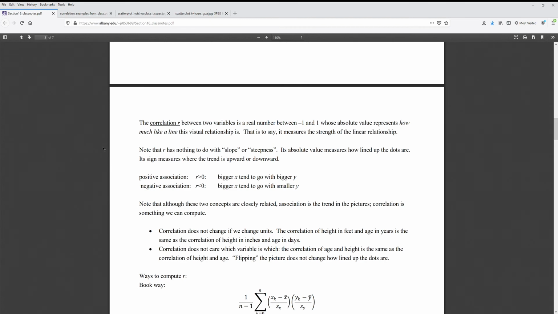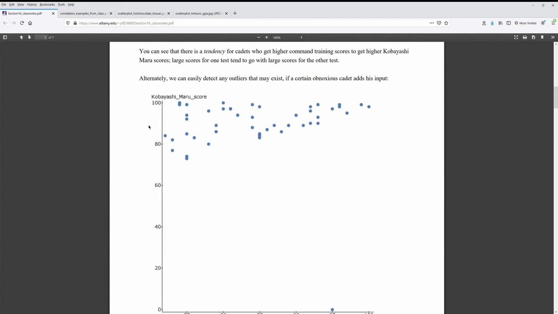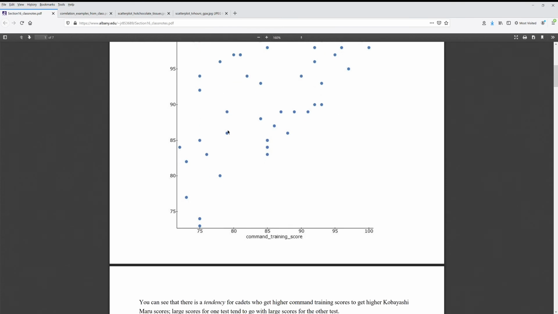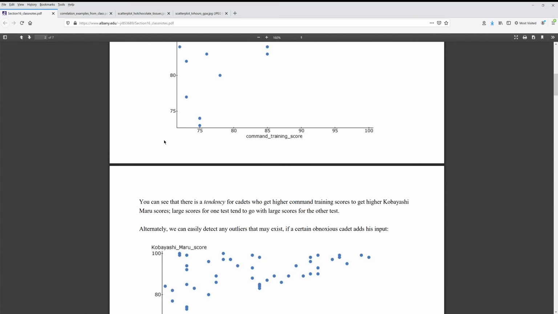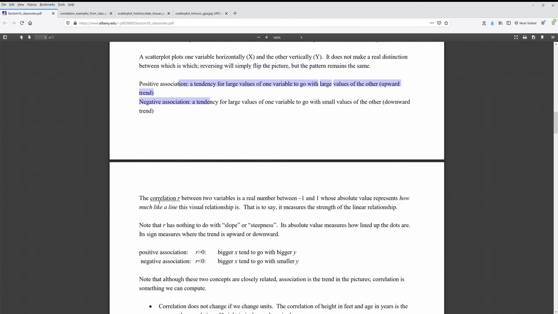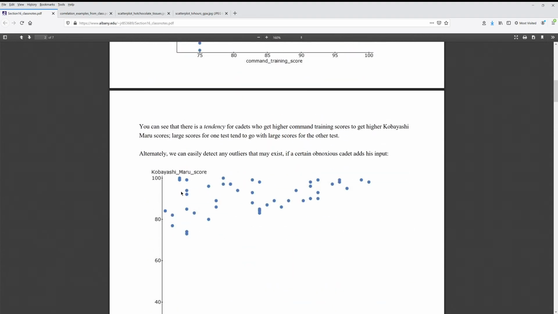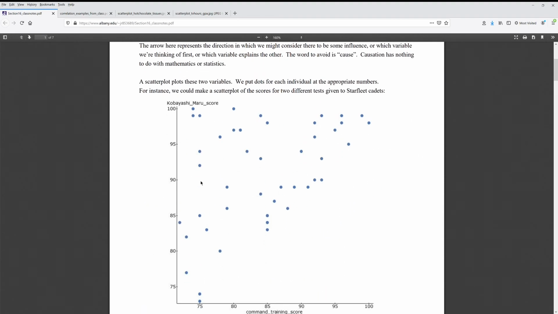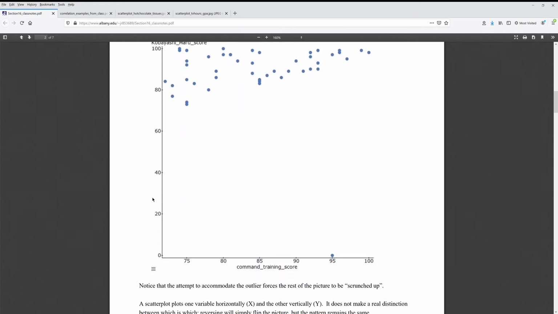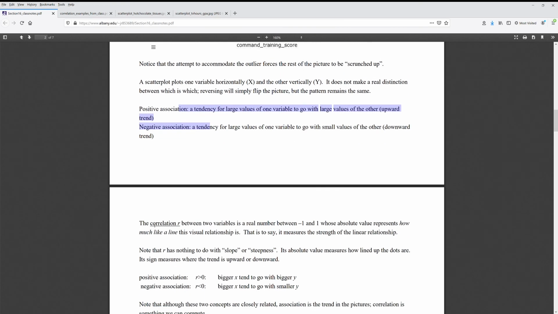Ultimately, the only real purpose scatter plots serve for us, apart from noticing some trends, is that we're not really going to be drawing scatter plots. The reason I talk about scatter plots is simply to help you wrap your mind around correlation. Once you've got the scatter plot, the correlation represents how lined up the dots are. If you want to jargon it up a bit, the strength of the linear trend.